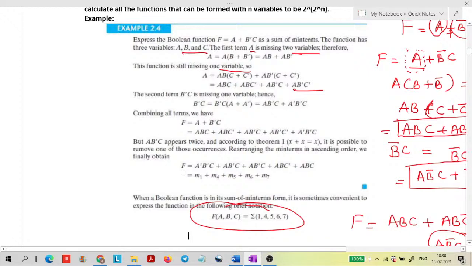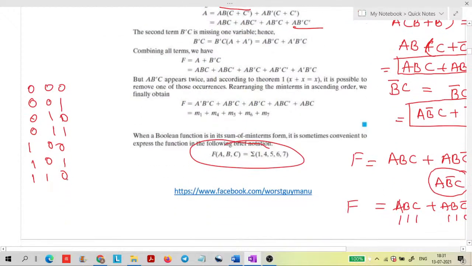Here I'll write the truth table: 0, 1, 2, 3, 4, 5, 6 and 7, for these three variables a, b, c.